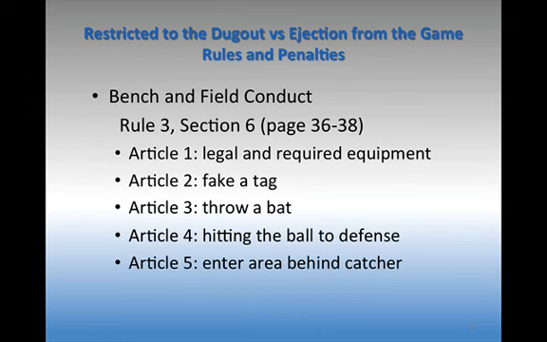This rule has 20 articles. For the most part, you will never see any of them. When one does occur, it's usually because of carelessness, some stupidness, and every once in a while it is intentional. Article 1 through 5 is team warning, and the next violation is restricted to the bench. Article 4, hitting a ball to the defense.